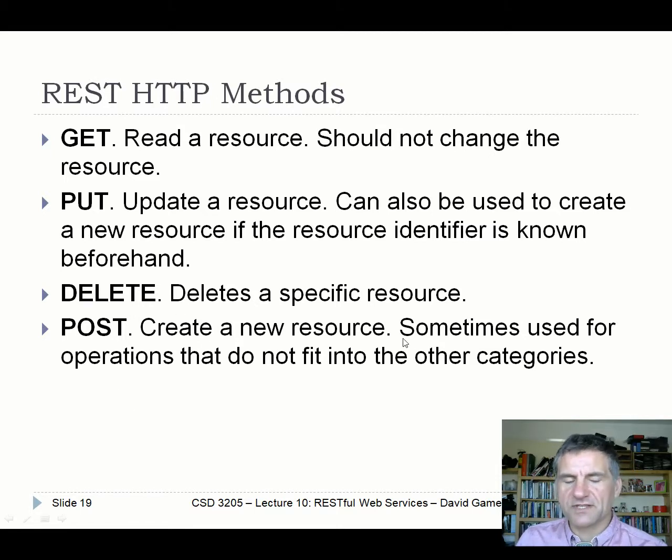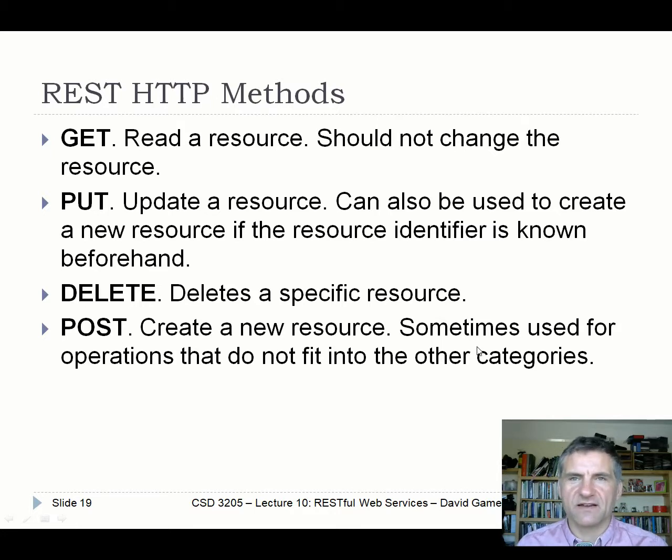And then we've got POST. POST is usually used to create a new resource, whereas PUT is used to update a resource. But again, we could POST to a particular ID if we knew that was the next ID in sequence, not one that existed already. Or we could just POST to customers, and then the ID could be allocated automatically. And sometimes POST is used for other operations.